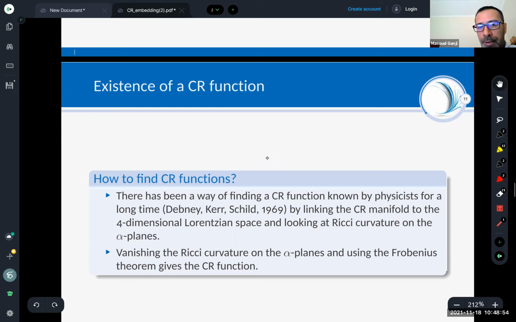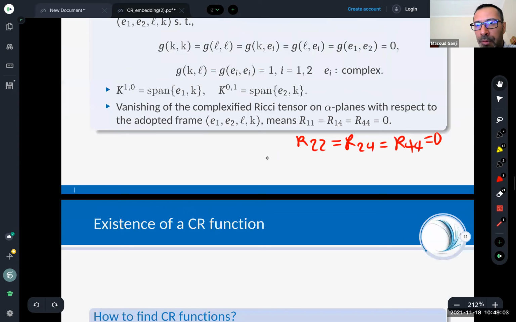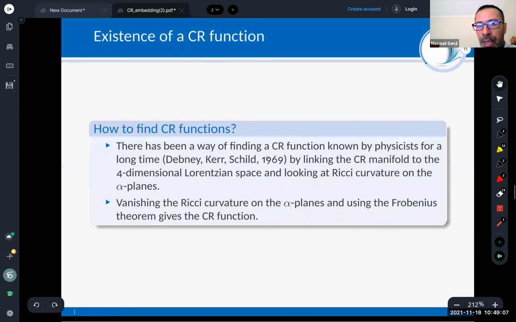Once you have this condition, vanishing of these three components of the Ricci curvature, it's a very nice observation. It gives us a CR function. This is exactly what we need.